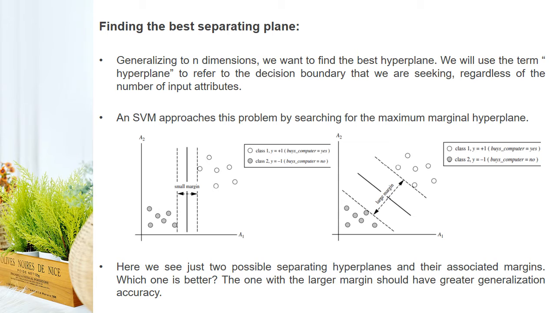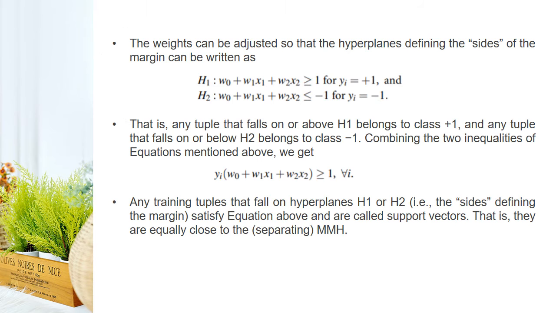Here we see just two possible separating hyperplanes and their associated margins. We have seen only two cases. Which one is better? The one with the larger margin should have a greater generalization accuracy. So we choose the second one with the large margin.